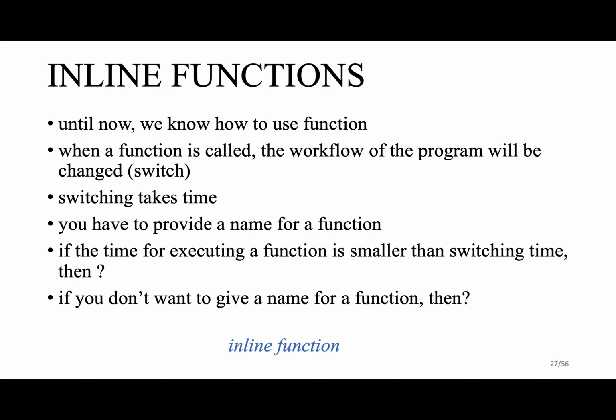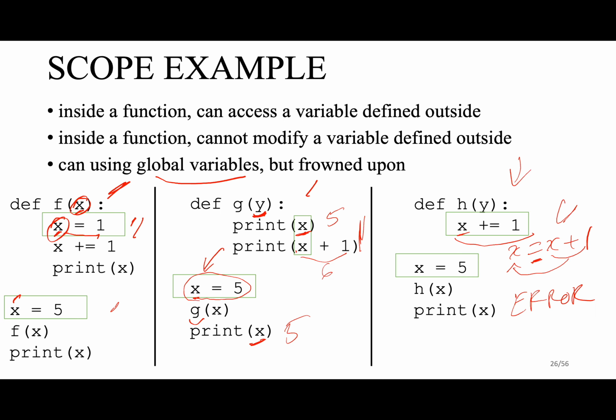Yeah, the next thing I want to mention is inline function. So what is an inline function? A function with def, we call this an outline function. Because as I mentioned before, you have a global scope.